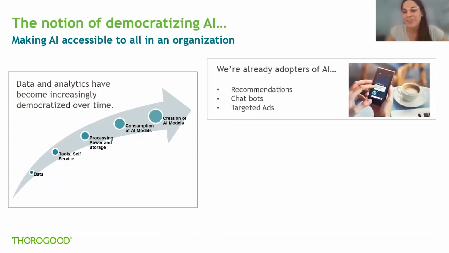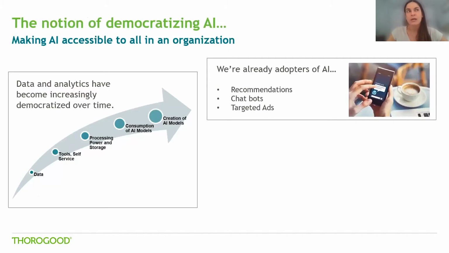Why do we even think that that's a possibility? Well, I mentioned on the previous slide, we are already adopters of AI. So where this democratization of AI might have had more, people might have been more apprehensive about it in the past, we've gotten to a place in society where people do expect to trust machines, where they expect that the recommendations that come out of Netflix are going to be pretty good at predicting their interests.